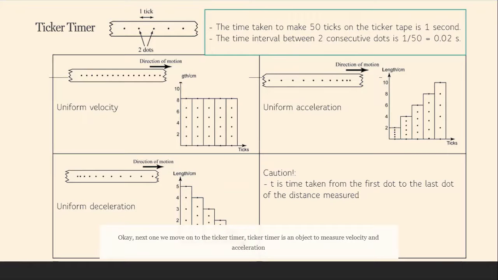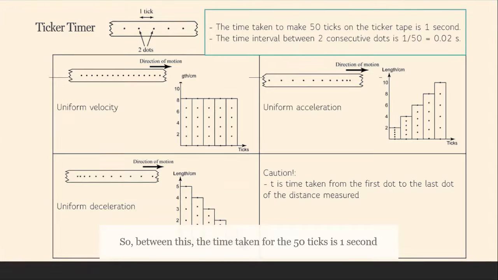Okay, next one, we move on to the ticker timer. Ticker timer is an object to measure velocity and acceleration. So between this, for the time taken, it is said that the time taken for 50 ticks is 1 second.